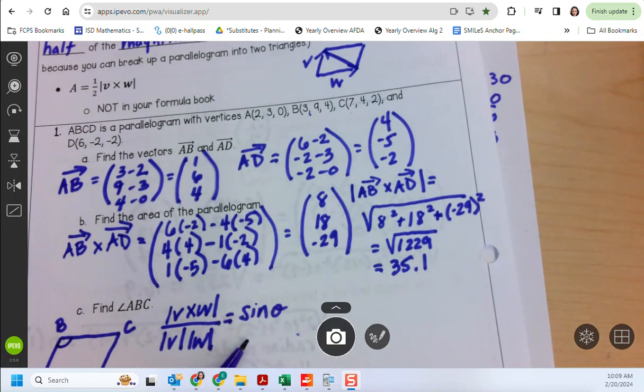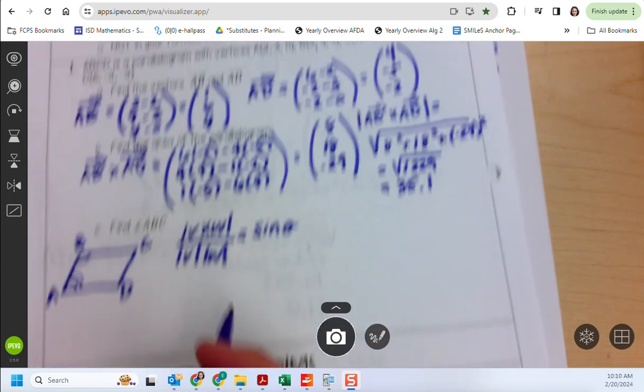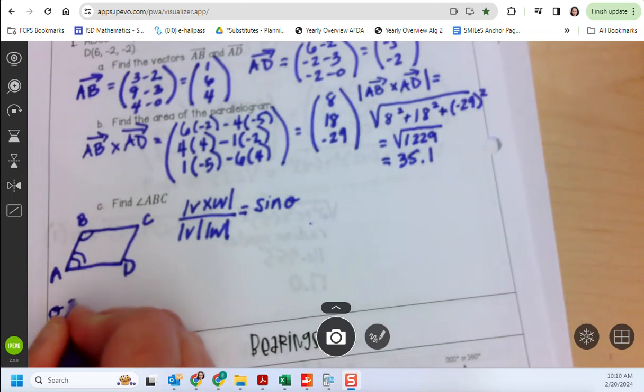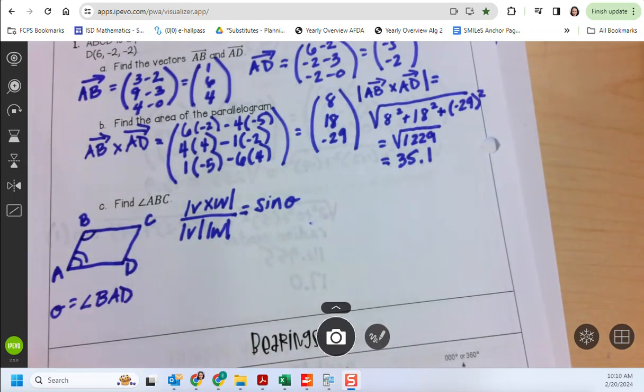But that formula is going to give us the sine of the angle between the two vectors, which is angle A. Okay? So theta is angle BAD. So we're going to find angle BAD first, and then we can use the properties of a parallelogram to find angle ABC.